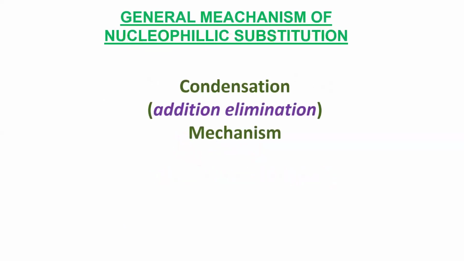So now give the heading: general mechanism of nucleophilic substitution. The name of the mechanism is condensation. Addition-elimination is the internal process of what the condensation is doing here. I hope you remember IGCSE condensation polymerization.